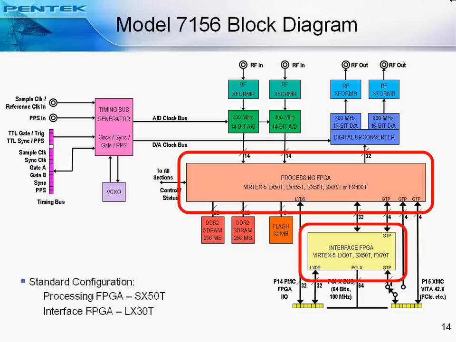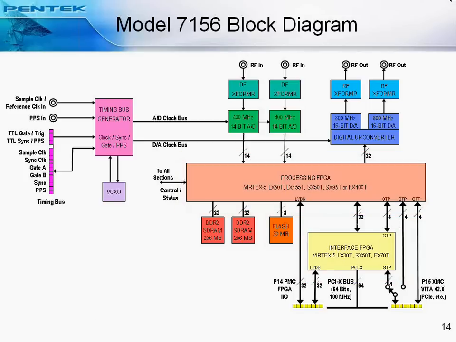The standard configuration is an SX50T, a Virtex-5, in the processing position, but it can be optionally upgraded to an LX155 or an SX95T or an FX100. These all give you options for more processing space on the FPGA. And the interface FPGA standard configuration is an LX30T, but that can be upgraded to an SX50T or an FX70T if you need more processing on that FPGA.